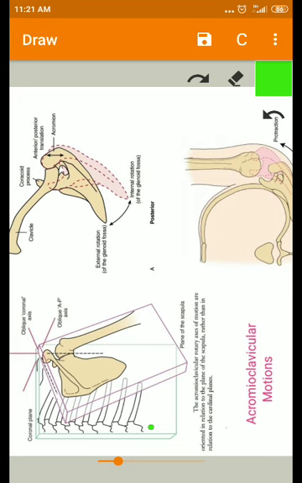The simple thing you have to remember: if the clavicle is protracted, then the scapula is also protracted. If the clavicle is retracted, the scapula is retracted. So what happens in the plane of the scapula? During scapular protraction, the scapula is abducted.